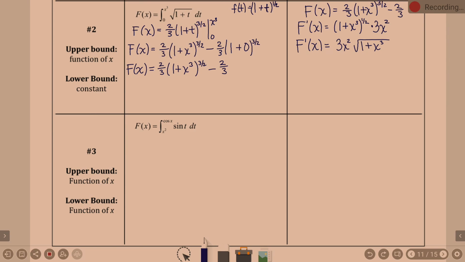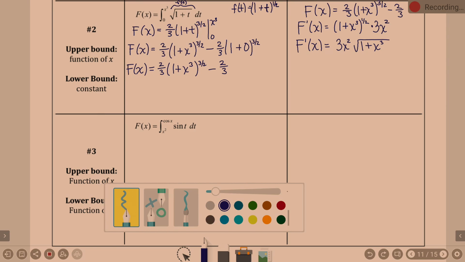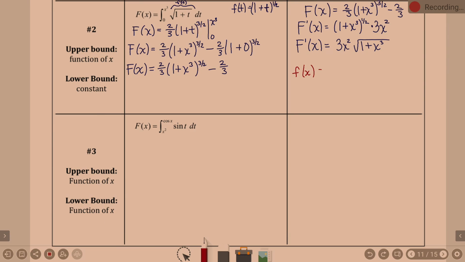So we want to know, does F prime of x match f of x? What was f of x? It was 1 plus t to the 1/2, or in other words, the square root of 1 plus t. So f of x would be the square root of 1 plus x.